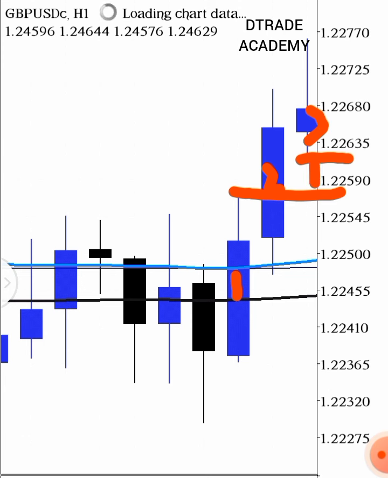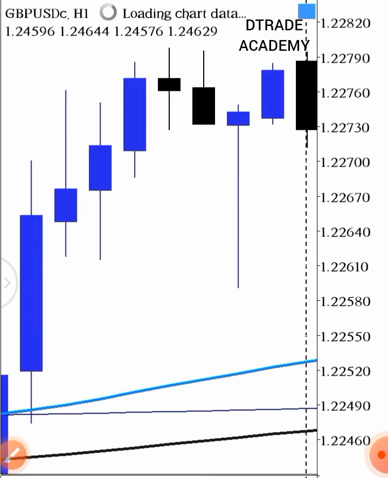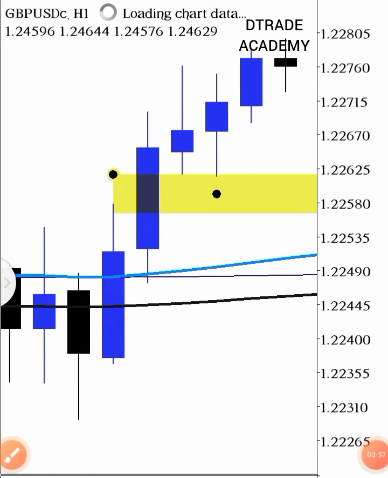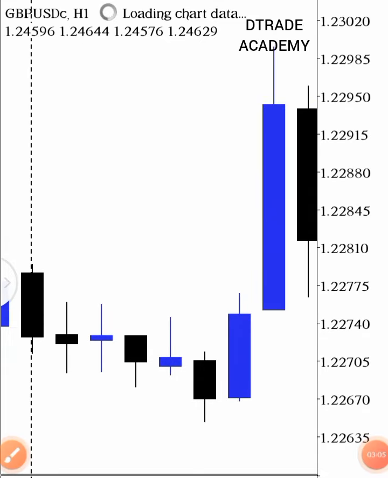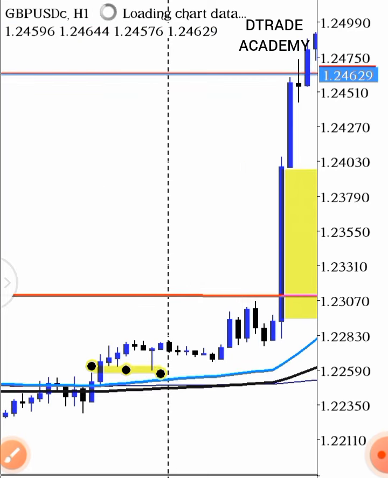This is an imbalance that needs to be filled. So let me take my rectangle tool and grab that zone. You can see how price came back to retest there before finally pushing up.